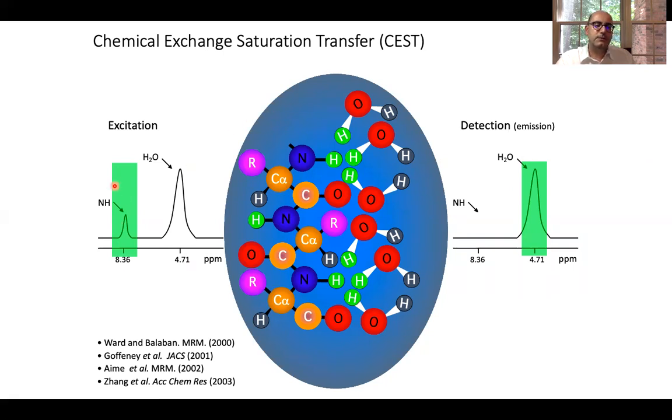So to summarize, we have an imaging probe, we saturate the magnetization of specific protons with a specific frequency-dependent radio frequency pulse, and there is a process of exchange between the imaging probe and the water molecules, and we can detect the transfer of the magnetization in the water signal intensity.